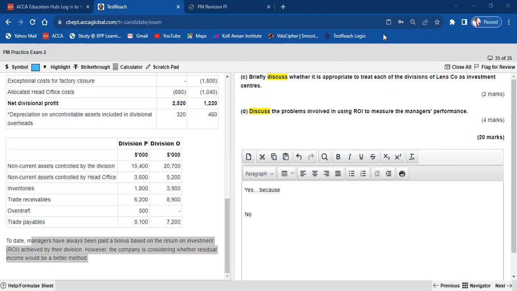One of the problems with ROI is that it is based on profits, and profits are subject to manipulation, just like RI is also based on profits.